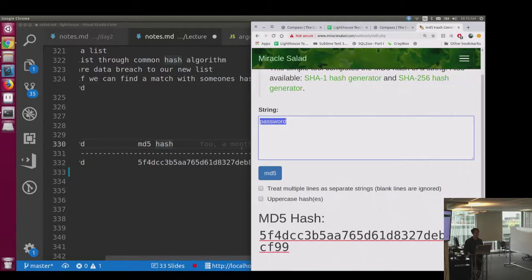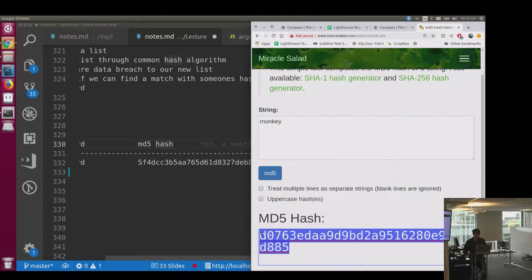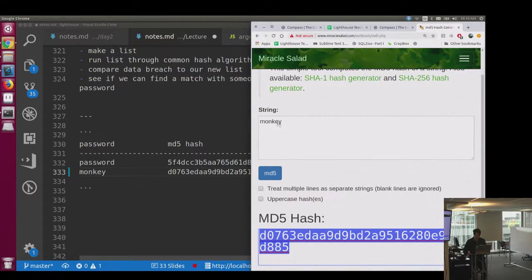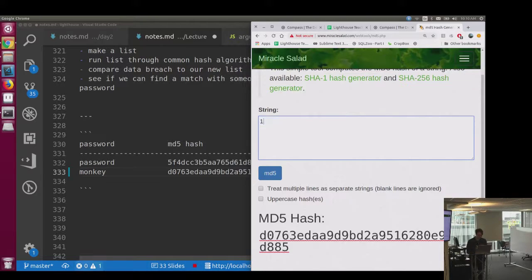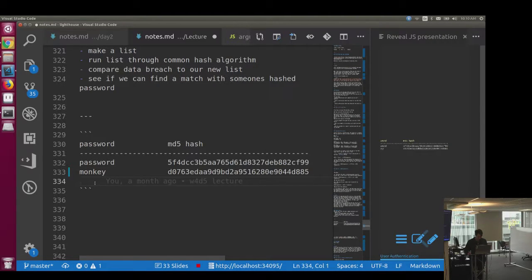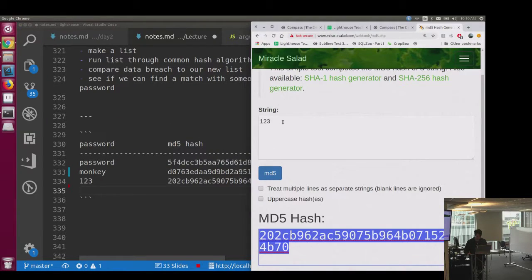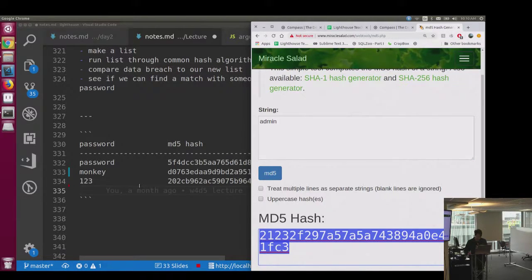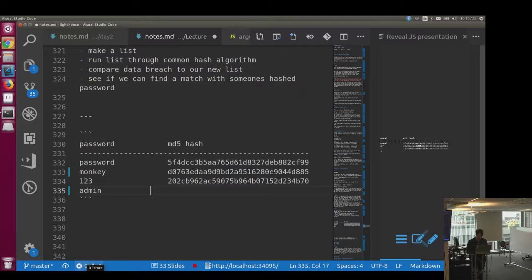So what do you guys think are some common passwords that would be out there? Monkey? Monkey. So I'll copy this password. What are some other common ones? 1, 2, 3. I'll copy this. What else? Admin. Keep them coming.